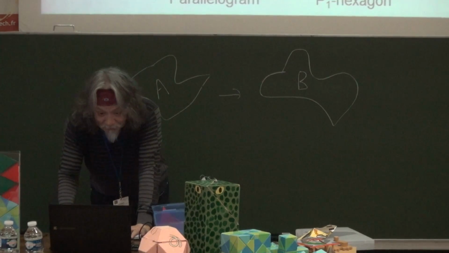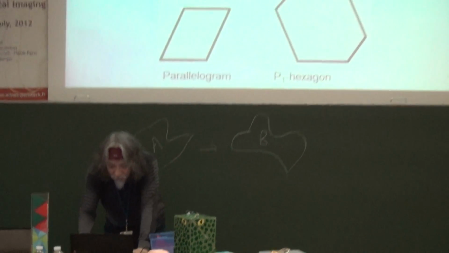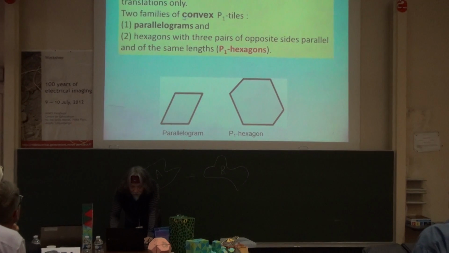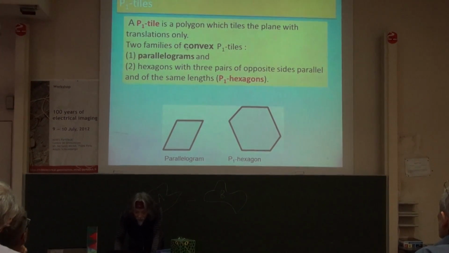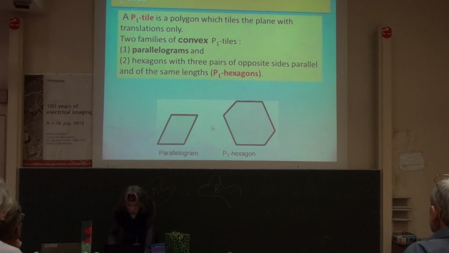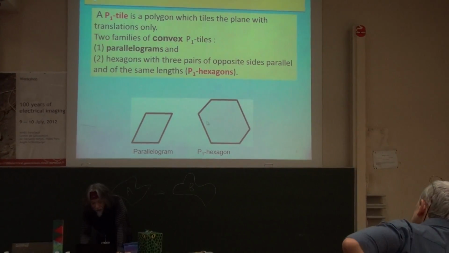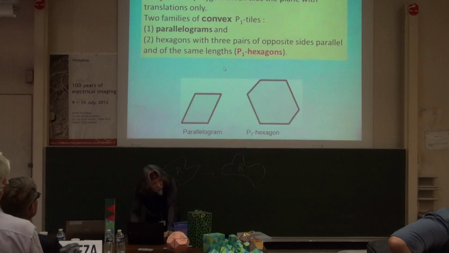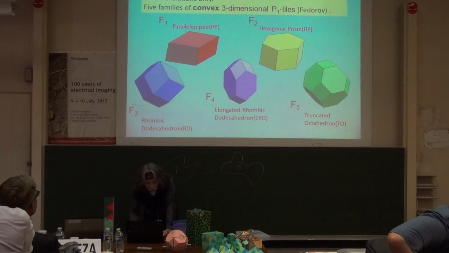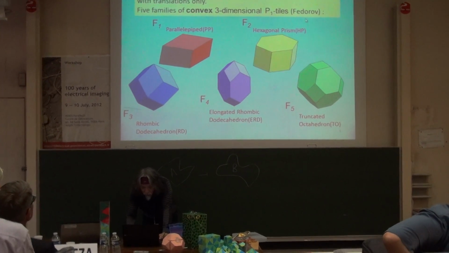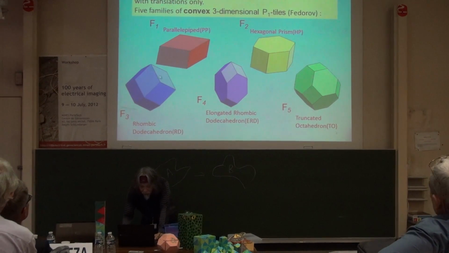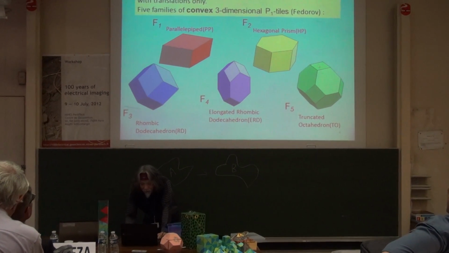So a P1 type is a polygon which tiles a plane with translation only. So parallelogram and parallel hexagon in 2 dimensions. And in 3 dimensions, as I told you, parallelohedra, 5 families.